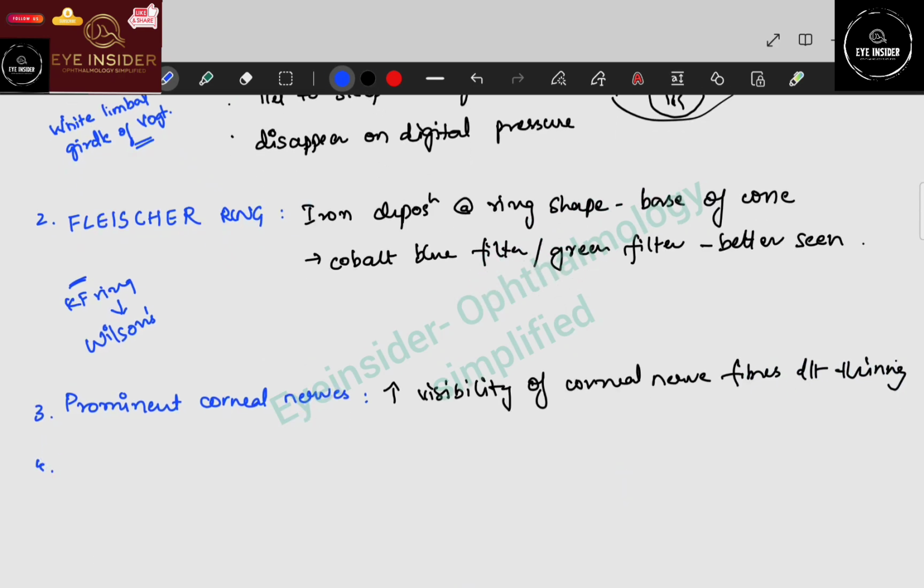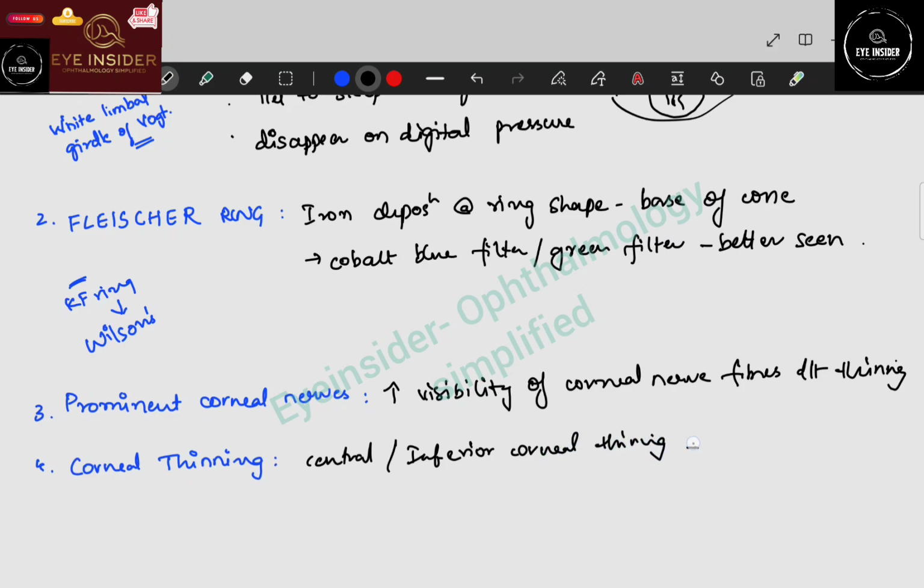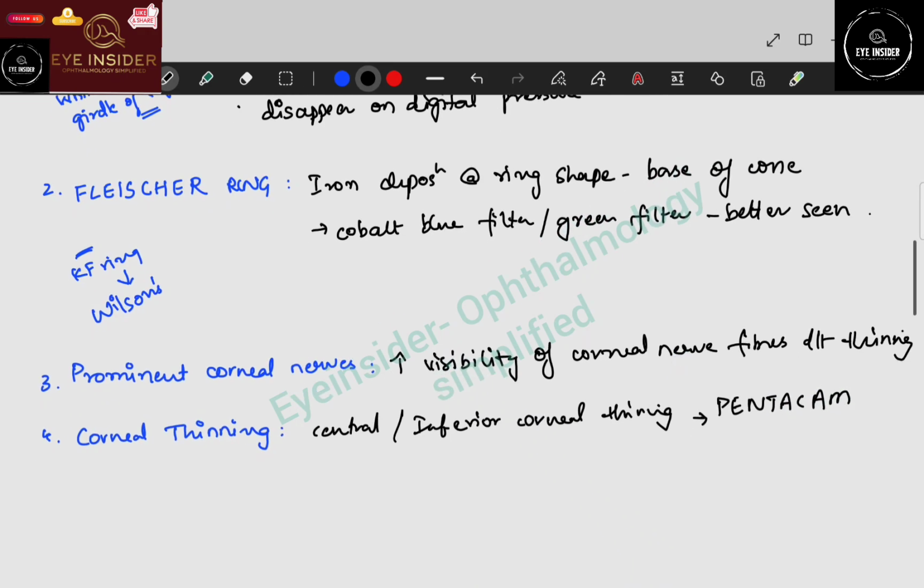The next sign is corneal thinning. As we know, it is the characteristic feature of keratoconus. These are corneal ectatic disorders, right? Most commonly it affects the central or a little bit of the inferior central part of the cornea. This can be best appreciated with the pentacam, that is corneal topography.